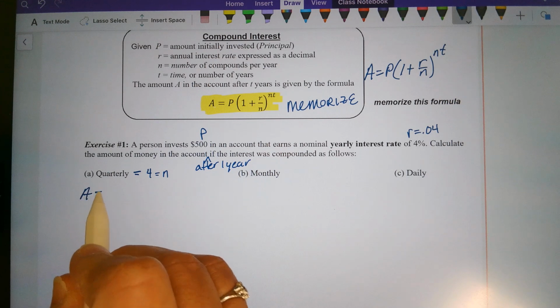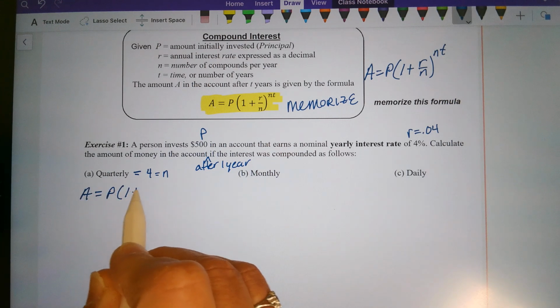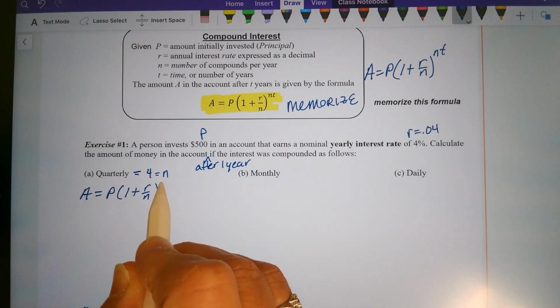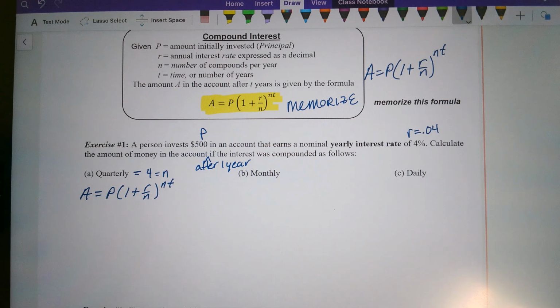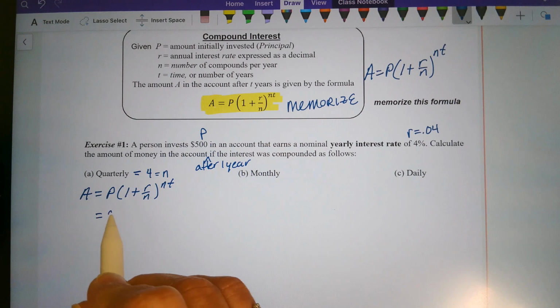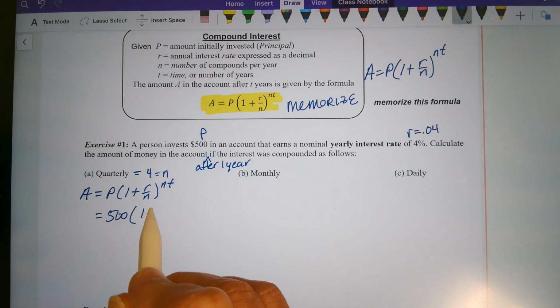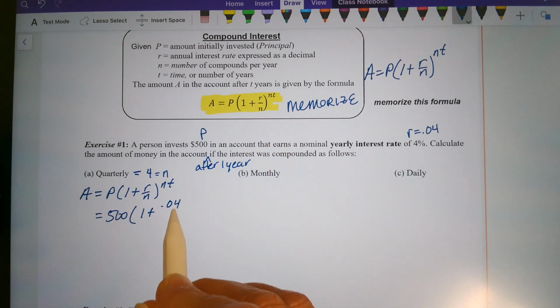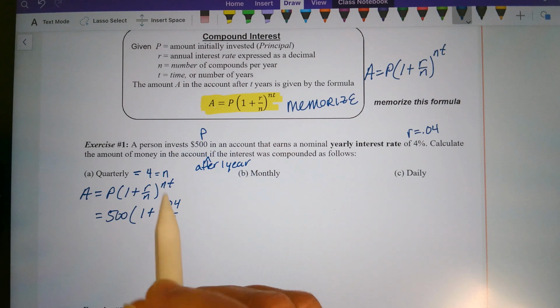Write down the formula. A equals P times 1 plus R divided by N raised to the NT. The more you write it, that's going to help you memorize it. P is 500. R is our 0.04. N is 4.